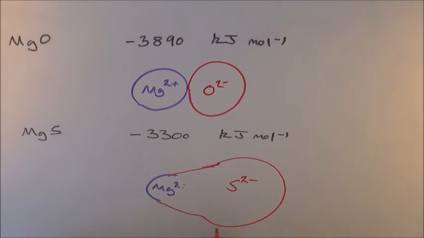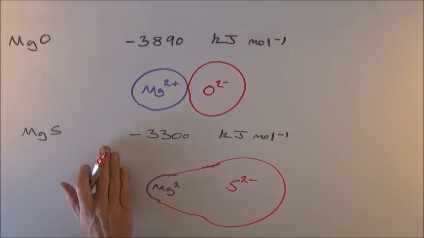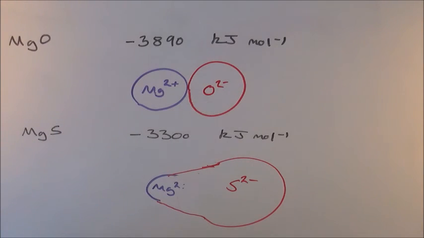So you might think that by having some covalent character to add on to the ionic bonding, the bonding in magnesium sulfide is stronger than magnesium oxide, but it's not, and that's because by having a larger negative ion, the distance between the ions is going to be larger too.